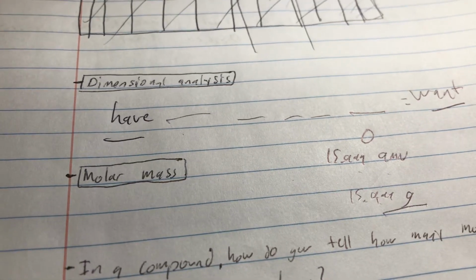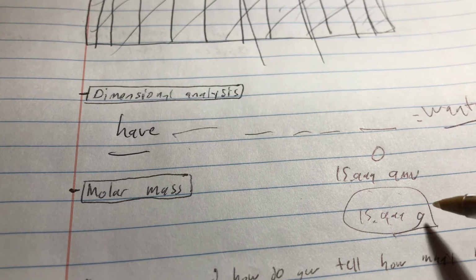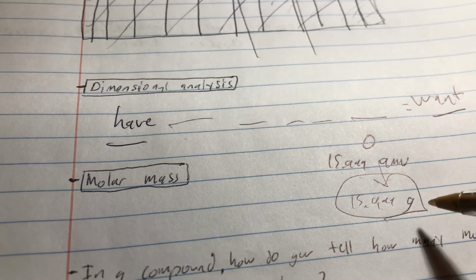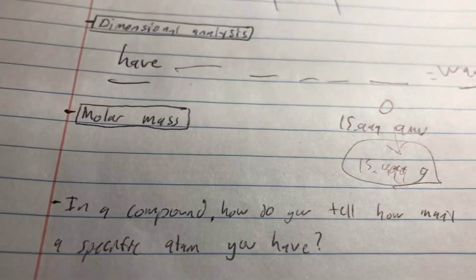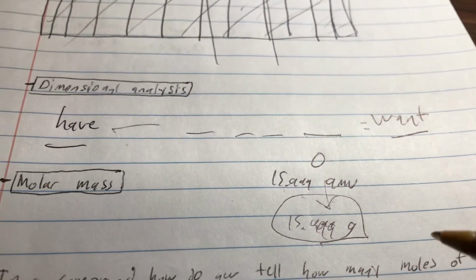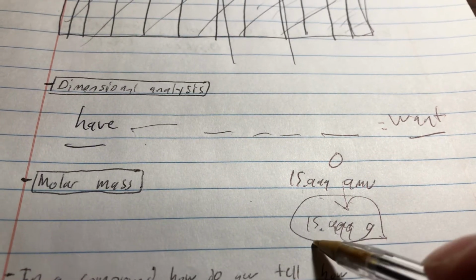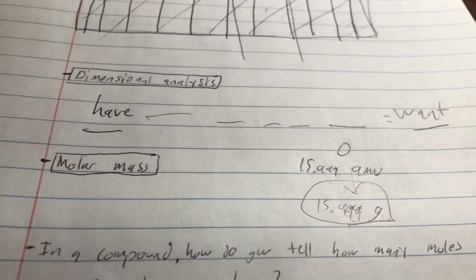And that was done on purpose by Avogadro and that's why the mole is the number that it is, because that's what the conversion is from AMU. And so when you're looking at molar mass and you're adding them together, or you're multiplying to find how much a compound weighs, look at just the AMU and then put on grams, and then you can find 1 mole of that thing.